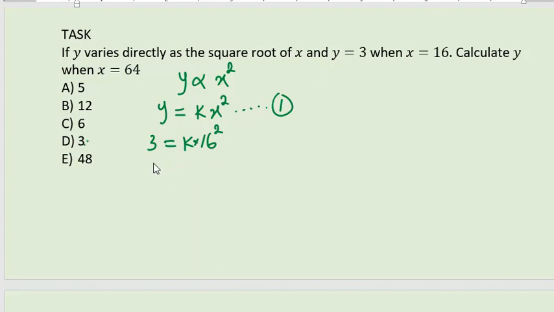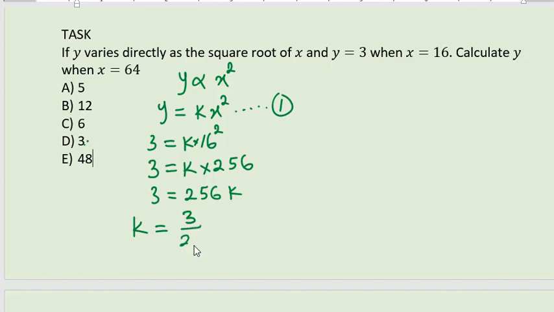Okay, so from here we'll have 3 is equal to k multiplied by 4, which gives us 3 is equal to 4k. Now if you make k the subject of the formula, dividing both sides by 4, it becomes that k is equal to 3 over 4. So you figured out the value of k.